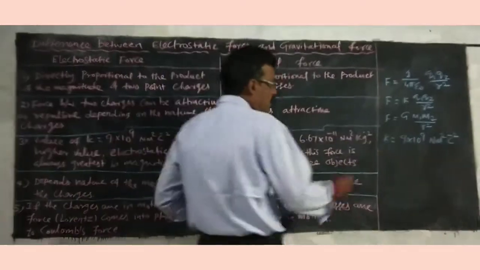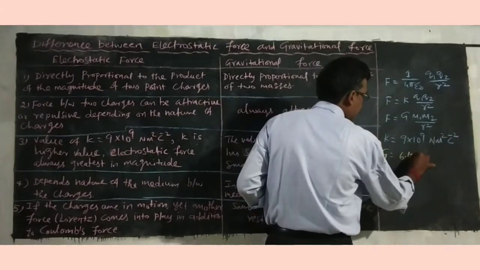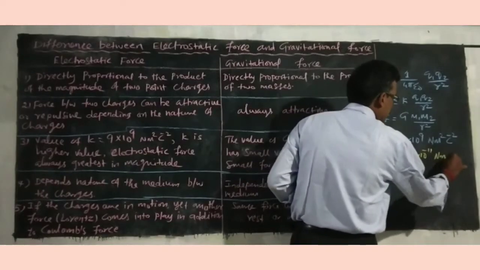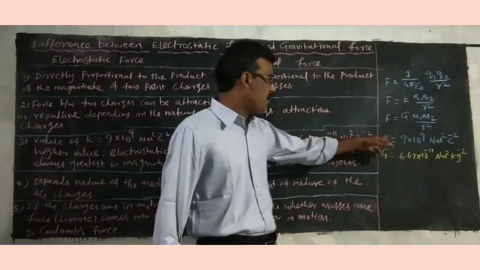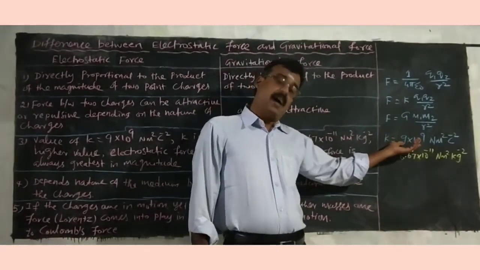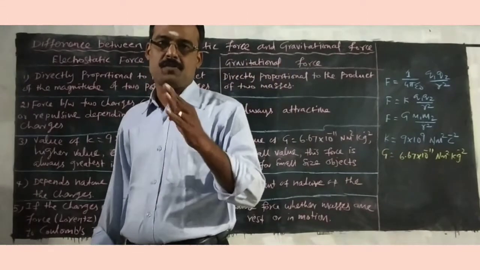And there is a gravitational constant G is equal to 6.67 into 10 to the power of minus 11 Newton meter square kg minus 2. We compare these two constants. K has a very high value. G has a very small value.